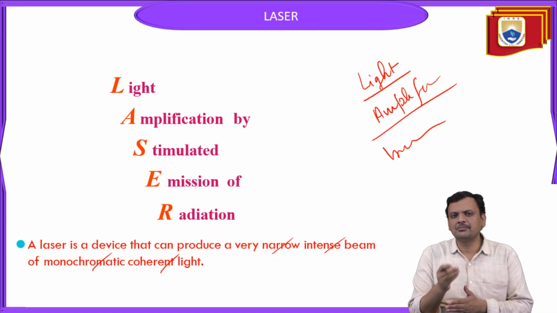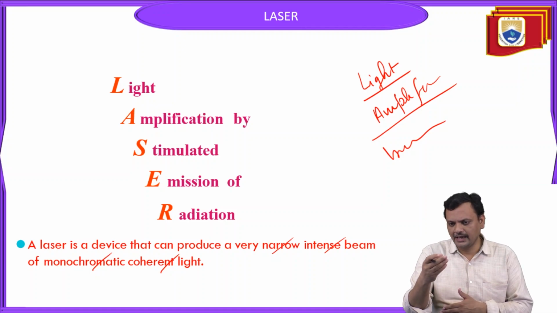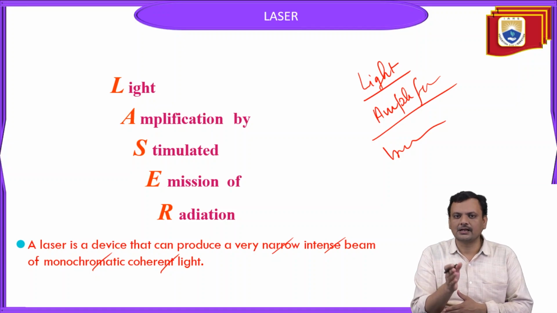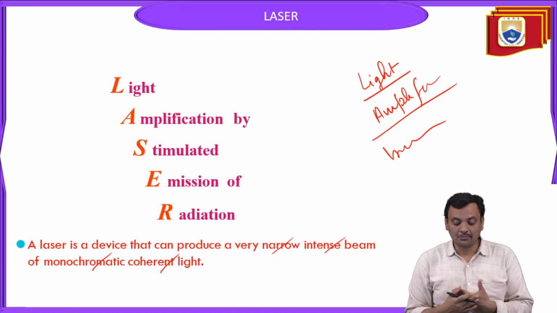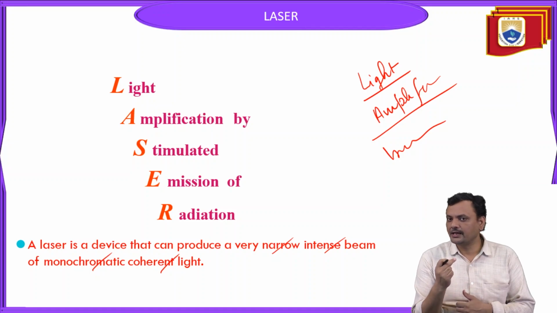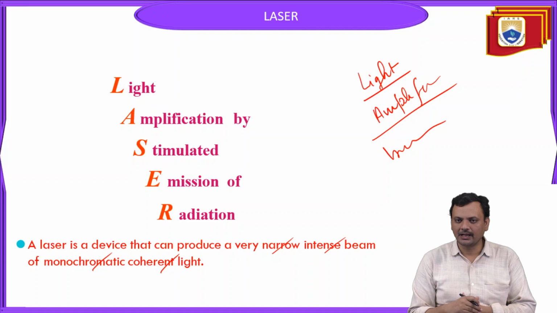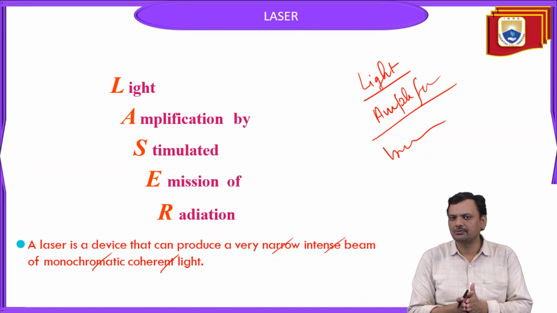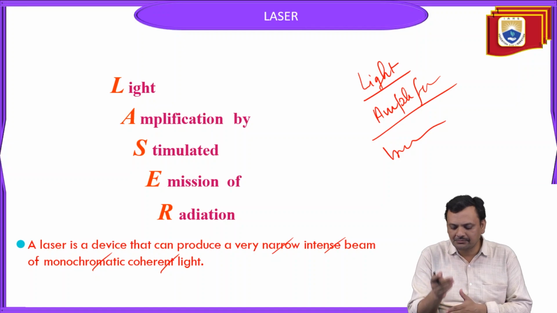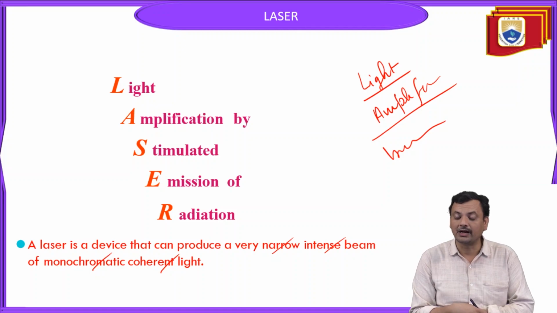Intense means the number of photons per unit available area in the path of that laser light will be very high. That's why it is an intense beam. Monochromatic means it will contain a single frequency. That light will contain nearly a single frequency, and that light will be coherent in nature. So if laser light is produced, it will have these features: narrow intense beam of monochromatic coherent light.